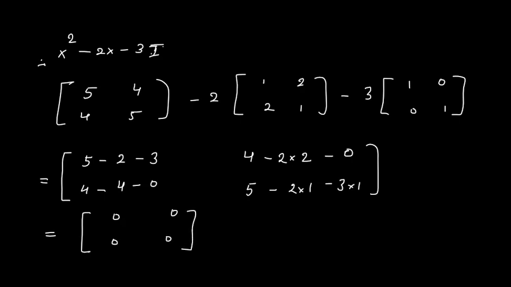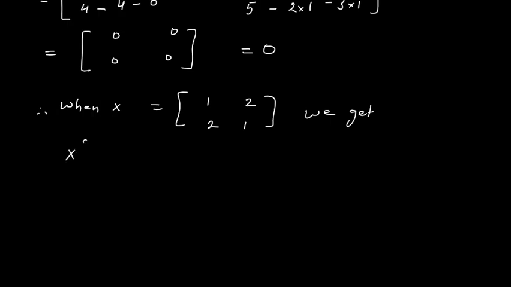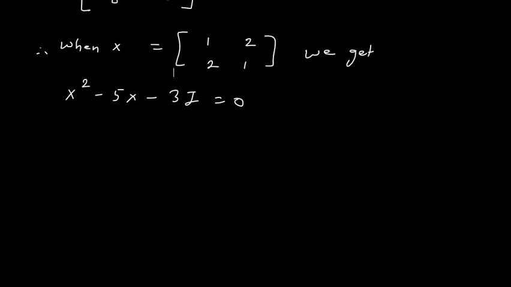So therefore, what I can say is that when x is equal to [1 2; 2 1], we get x square minus 2x minus 3I equal to 0, right? This is minus 2x, not 5.